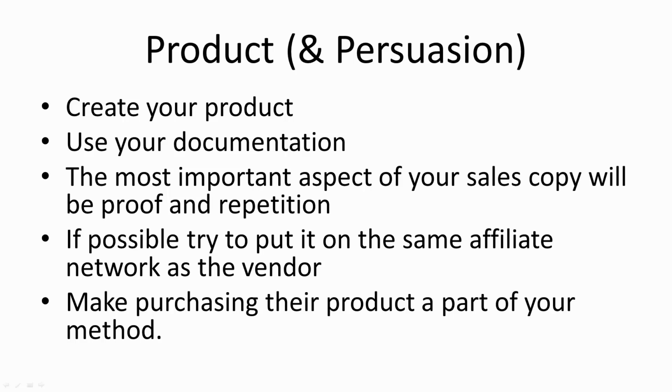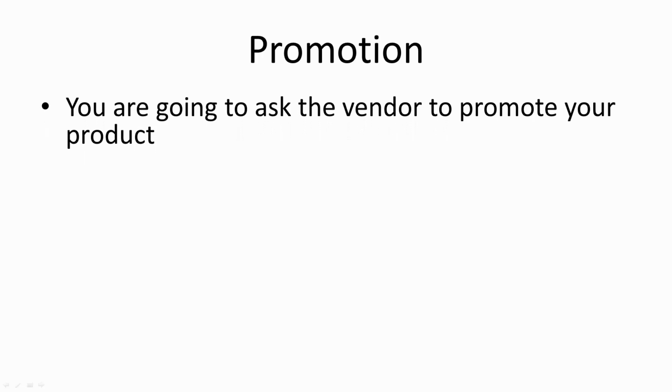We want to put that in our product, that people need to get the core method from the actual vendor. And again, all this does is help us to build that relationship with the vendor, and make them more open to promoting our product when they're ready. And of course, that is the last part of the method. We are actually going to want someone to promote our product. We're going to ask the vendor to promote our product naturally.